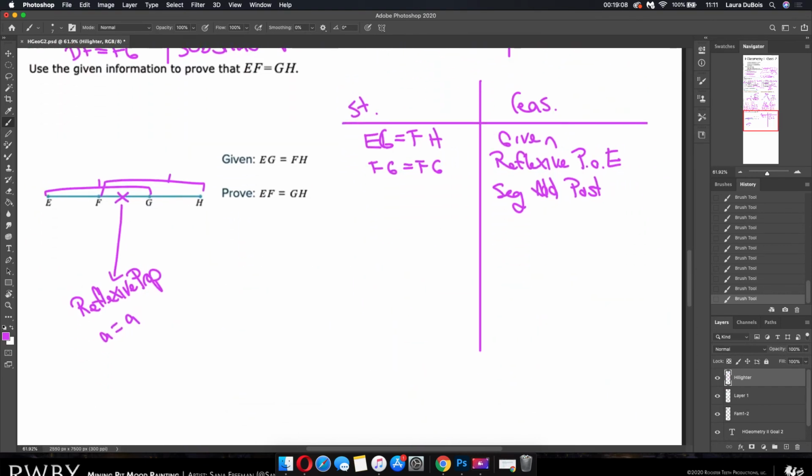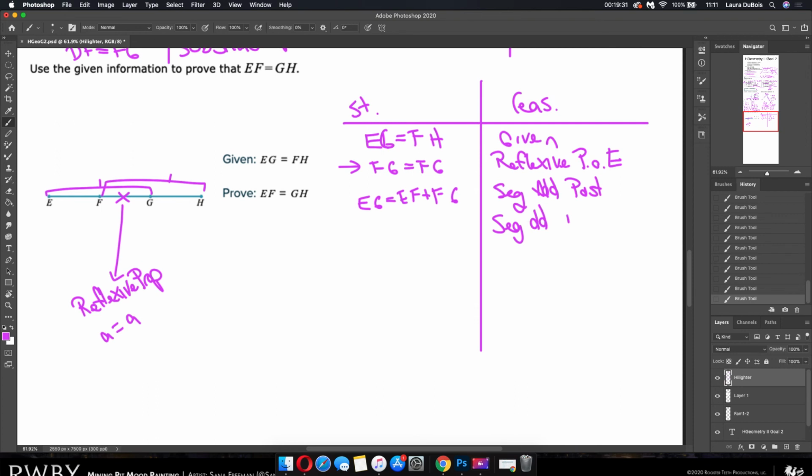Here, they're not as obvious, but you can see that there is a segment. They do technically give you the segments, the EG and the FH. So what we're going to do is say that EG equals EF plus FG, which is the cinch for this.